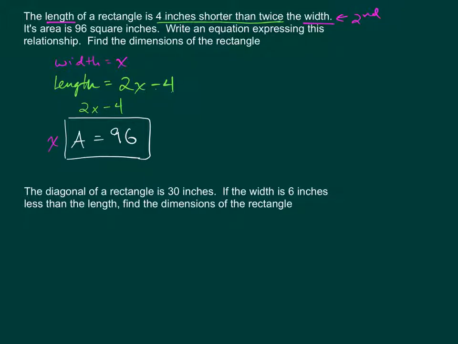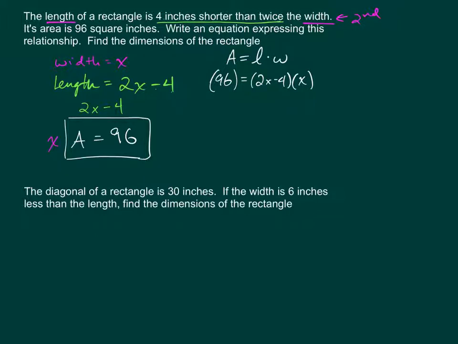The area for a rectangle can be computed by multiplying length times width. So if I substitute all of the information, 96, length 2x minus 4, width x, I can set up an equation. So the equation would be 96 is the area, the length is 2x minus 4, and the width is x.